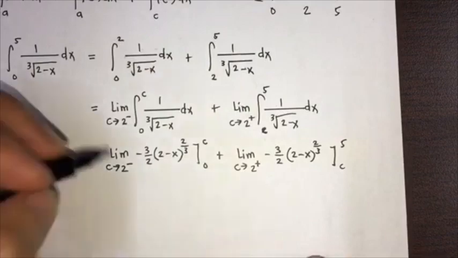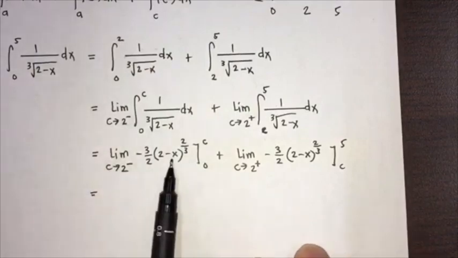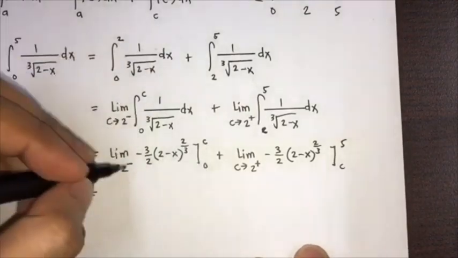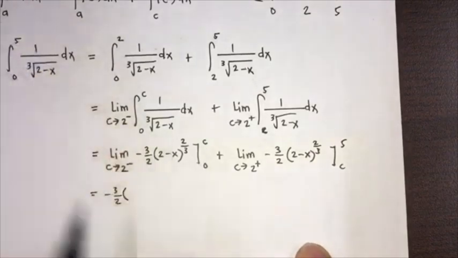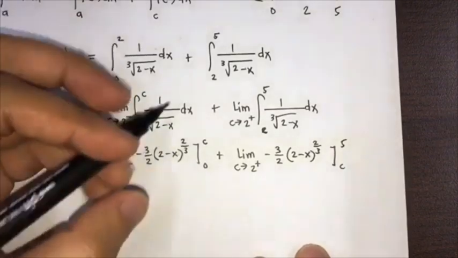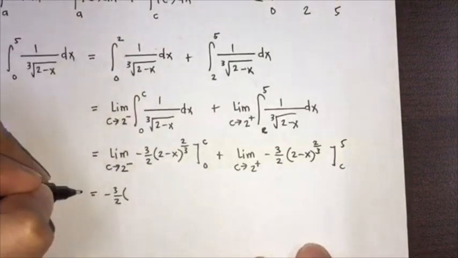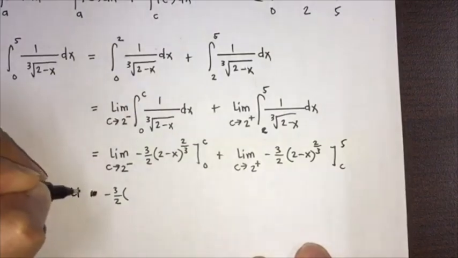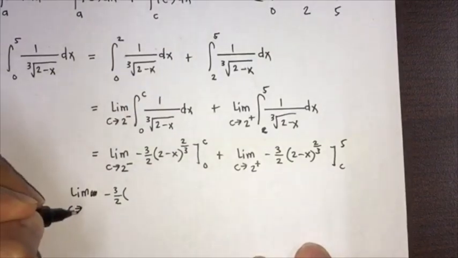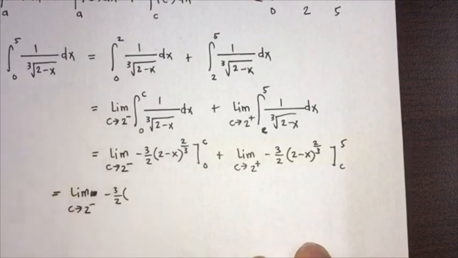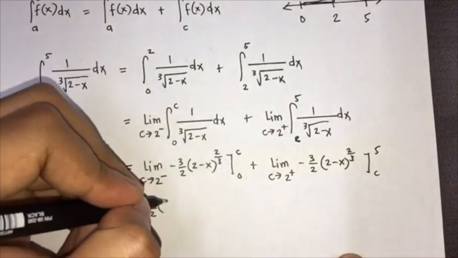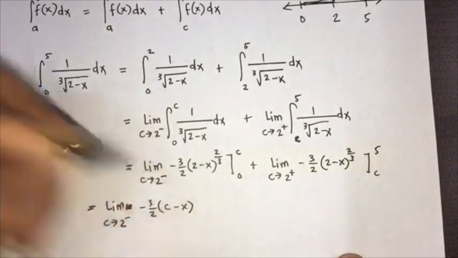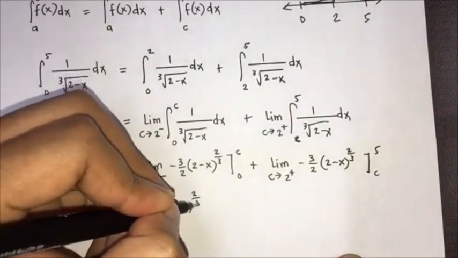Evaluating the limits by substituting, this will become negative 3/2. The upper limit is c. Sorry, I forgot to write the limit, so the limit as c approaches 2 from the left of negative 3/2 times 2 minus c raised to 2/3.